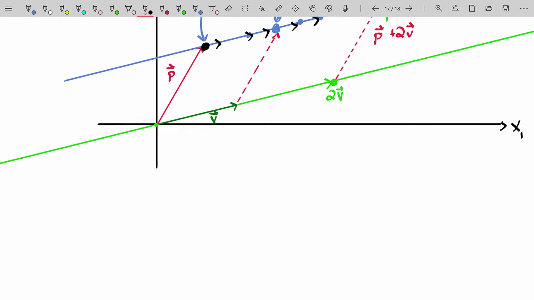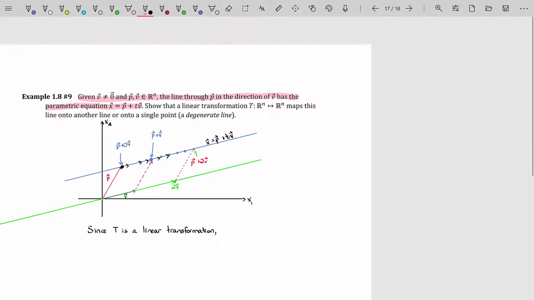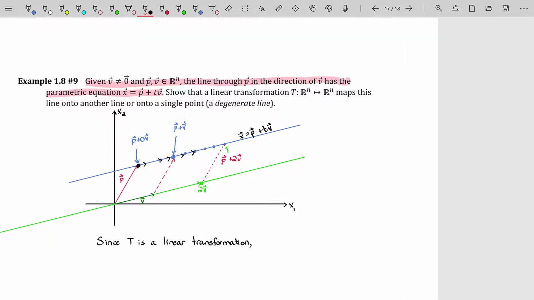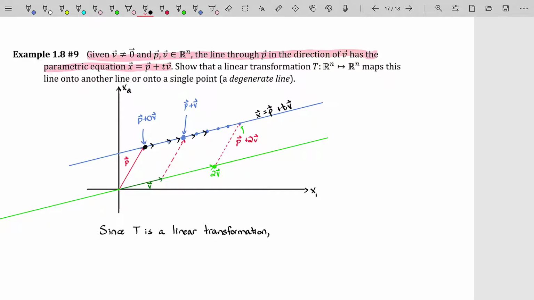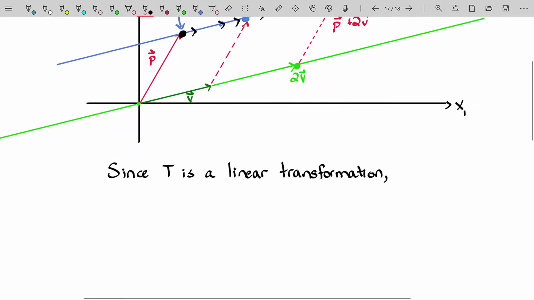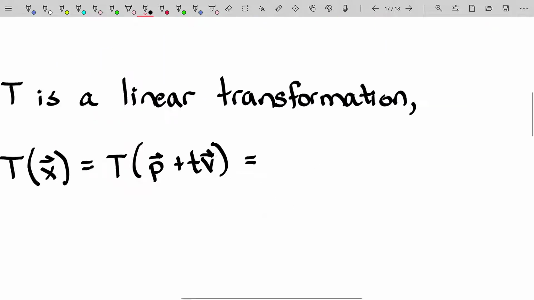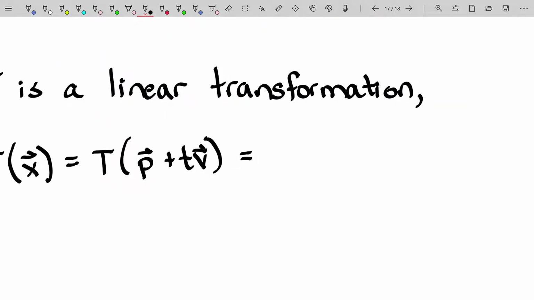So I'm going to say, since T is a linear transformation, I'm squeezing some more information out. T of x, which is T of p plus tv, is equal to, again, T is a linear transformation, so we can pull that apart across addition, and we can factor out any constants, and that is a non-vector, so it's going to be treated as a constant.